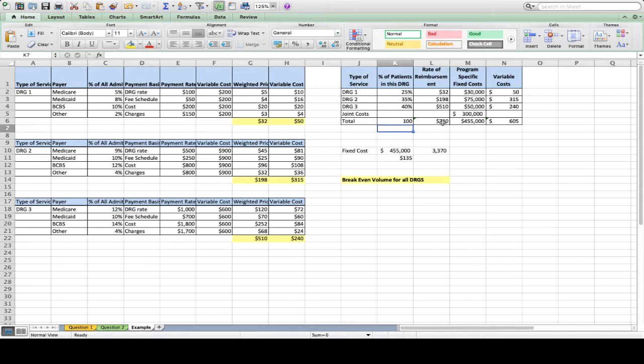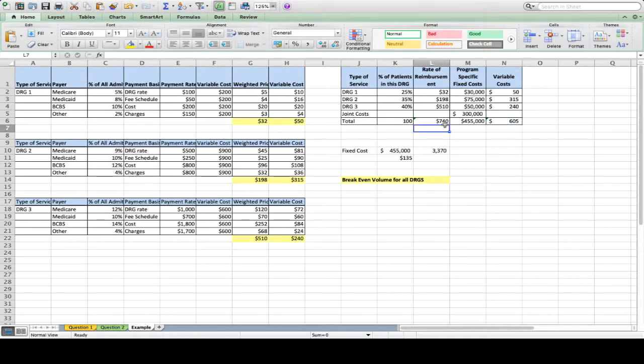So we have all of our program specific fixed costs. We add up the 30, the 75, the 50, and the 300, and that gives us $455,000. So there's our fixed cost. The other piece is that we need to take our 740, our rate of reimbursement, minus our variable cost.